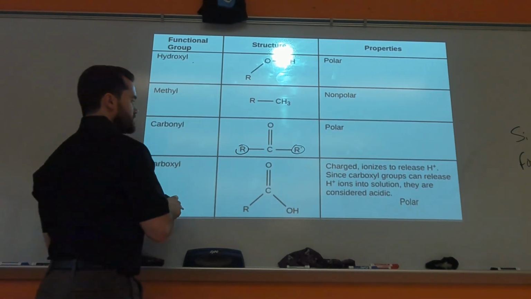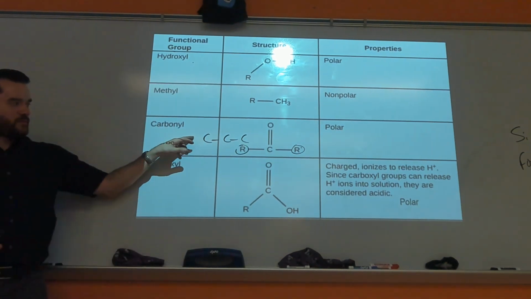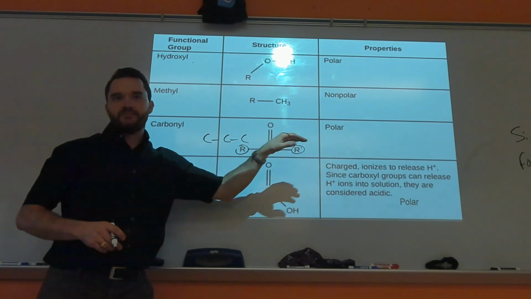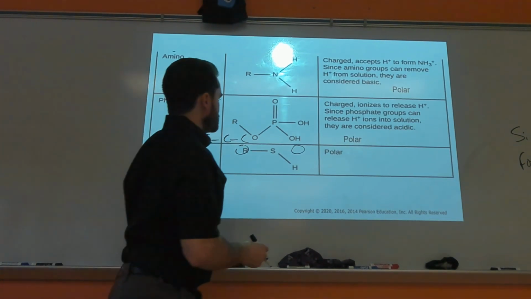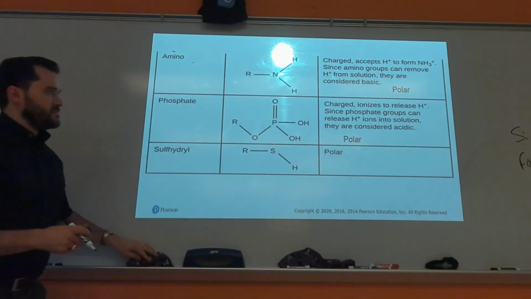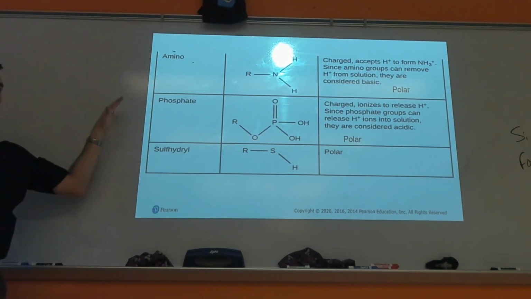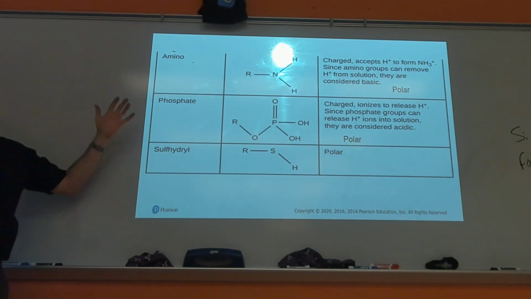This R could be some propane carbon chain running over here or over there. So again, make sure you recognize the polar and nonpolar, all polar except for the methyl group. Just a different way to show them.